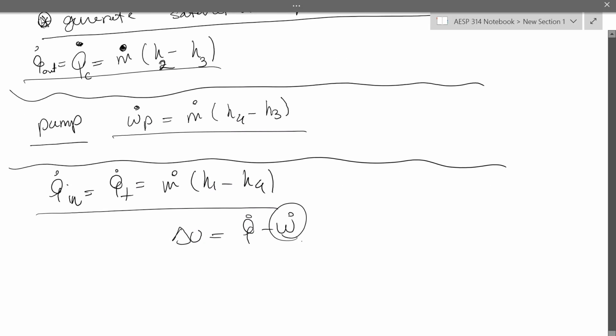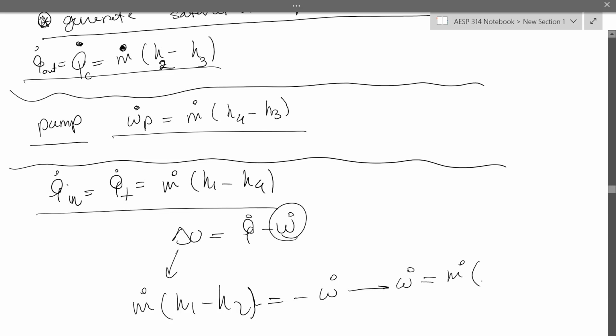So if you have, let's say, m dot times H1 minus H2 for the first turbine process, equals negative W dot. We don't have any heat transfer, right? This is going to change the signs, right? Oh, okay.